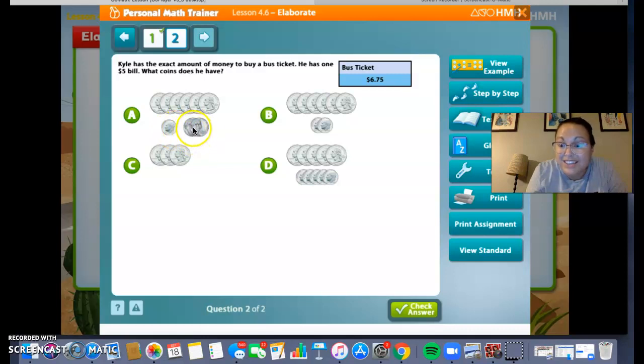That gives us 10 more cents, so that gives us $1.70 to add to the $5 bill. Is that enough? Not quite. Let's look at this one right here. So 1, 2, 3, 4, 5, 6. All right, so 4 of those is $1, $1.50 with the quarters, $1.60, $1.70. Still not enough. I bet it's going to be this one, but let's check.